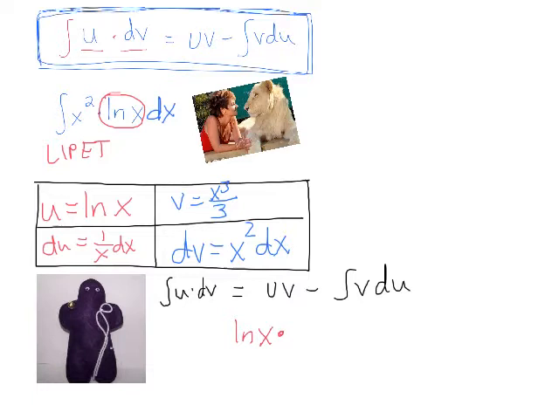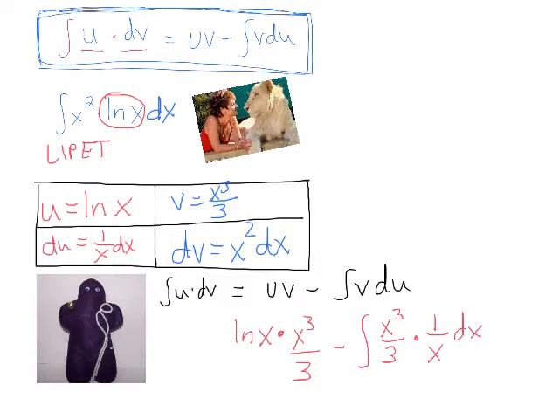Our v term is x to the third over 3. And then from that we're going to subtract the integral of x to the third over 3 times du, which is 1 over x dx.